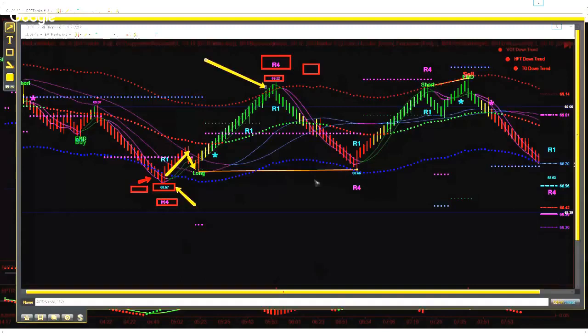This one here comes in with a divergence right in line, and we have a symmetry. Reversal, entry. Look at this one here. The system will plot all the signals for you.